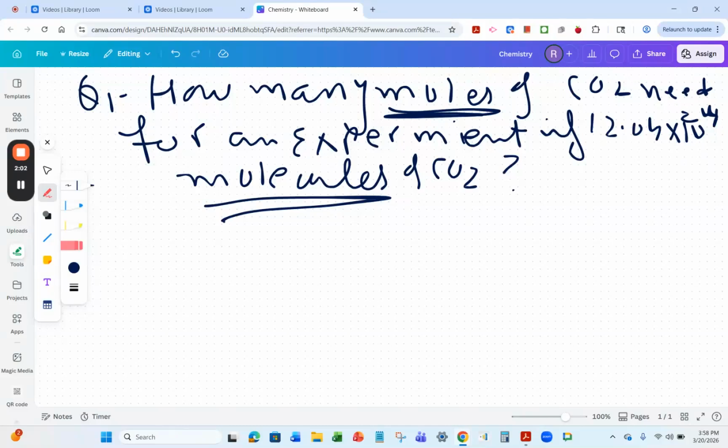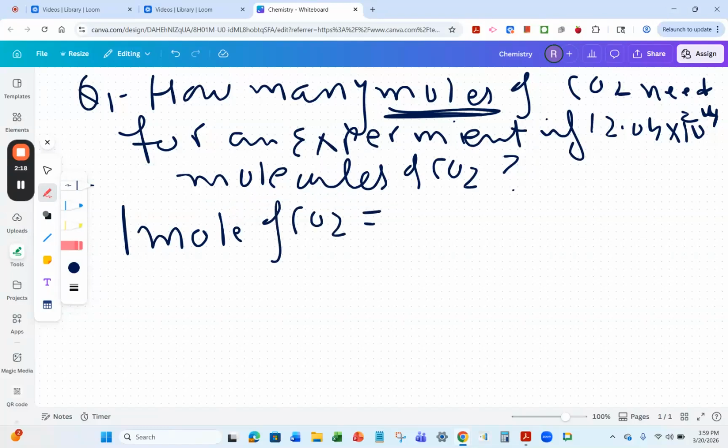So we know for carbon dioxide, moles and molecules: 1 mole of carbon dioxide is equal to 6.02 times 10 raised to the power 23 CO2 molecules.